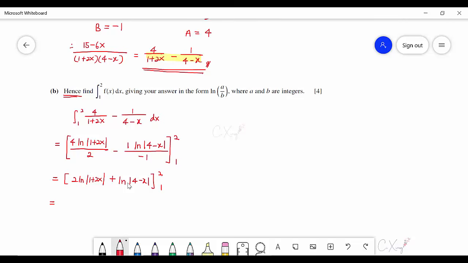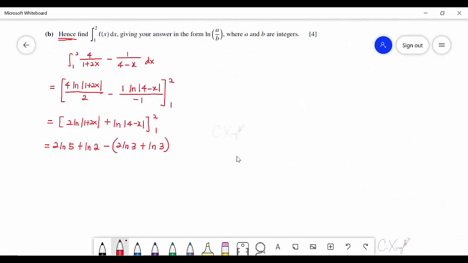When I substitute 2 into both terms, I will have 2 ln 5 plus ln 2. Then minus, now I will substitute 1 into both terms. So when I substitute 1, I'm having 2 ln 3, then plus ln 3. Okay, right. And from here, I will need to try and simplify it.